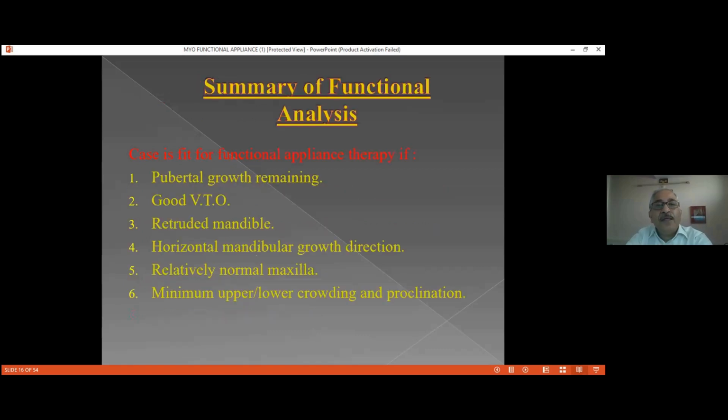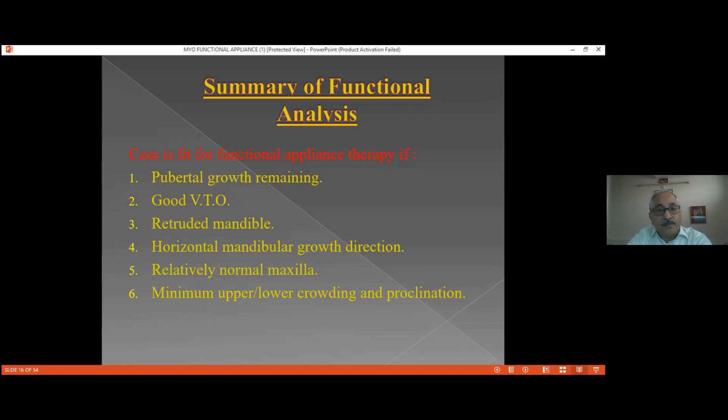Now, the summary of the functional appliances: the case which fits into functional appliance therapy is one where the patient has to be growing in the first place, and should have a good VTO. It should have a retruded mandible. That is, the factor contributing to the class 2 malocclusion should be a retruded mandible. And there should be a horizontal mandibular growth pattern.